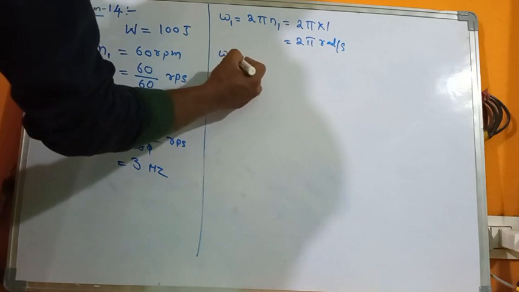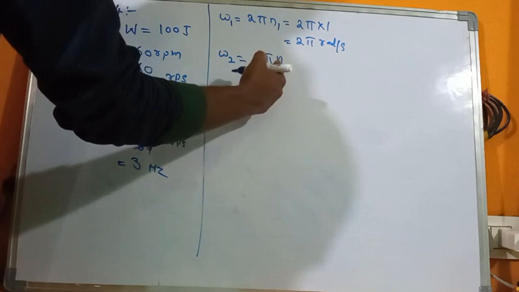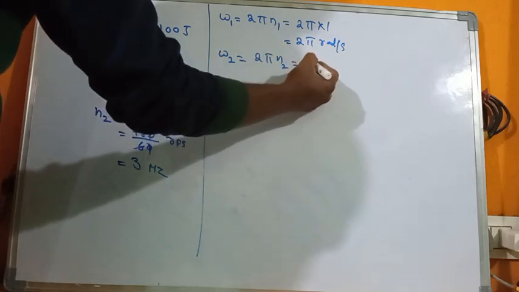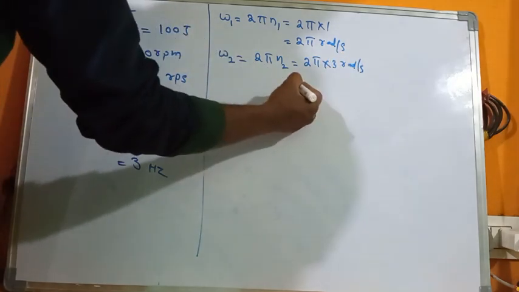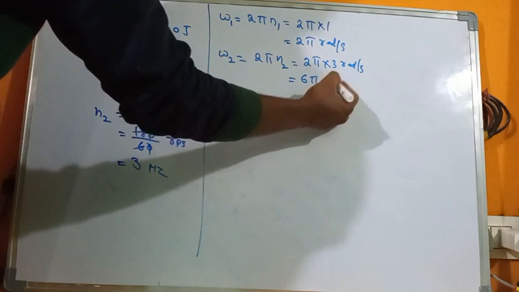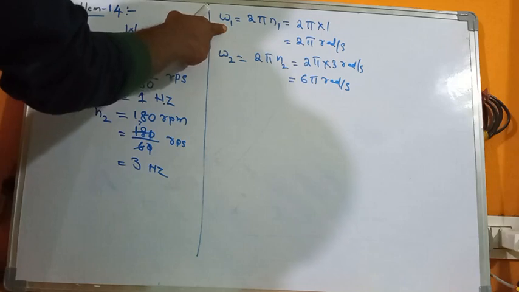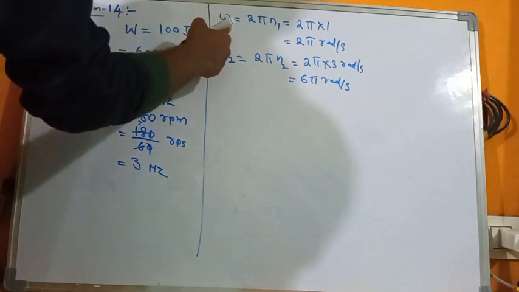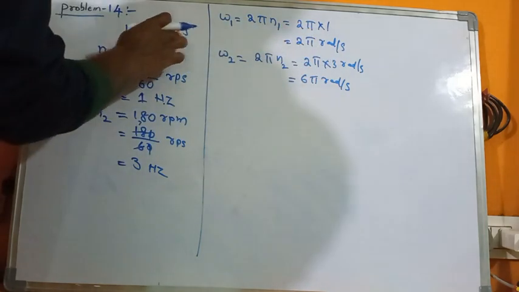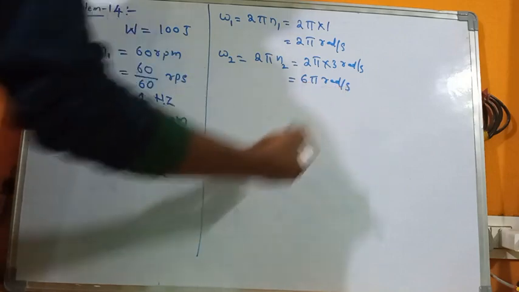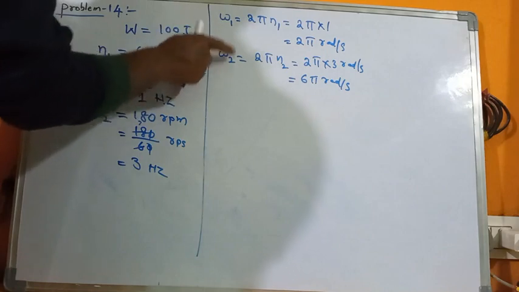Omega 2 is equal to 2 pi into n2, the number of rotations, and that is equal to 2 pi into 3 radians per second, which is 6 pi radians per second. This is omega 2 and this is omega 1. So initially the angular velocity is 2 pi radians per second only, but after applying this work done, it is increased to 6 pi radians per second.